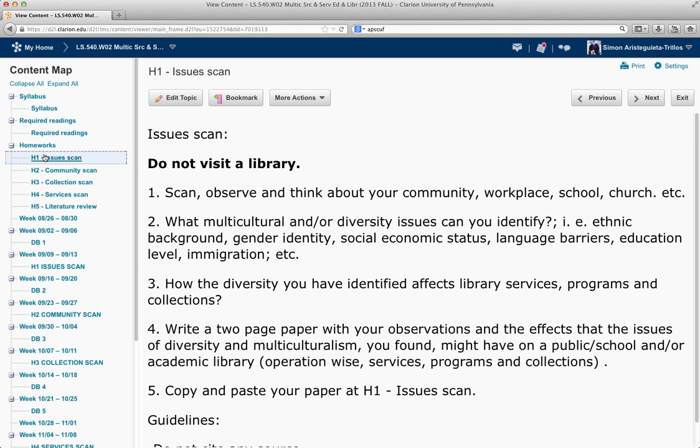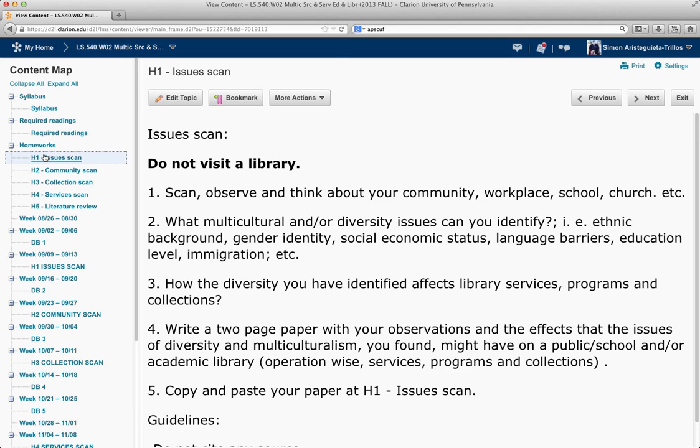So think about that. Number 3, how the diversity you have identified affects library services, programs, and collections. And again, I don't want you to visit the library or talk to a librarian. Think about how that diversity may or may not affect your library services and collections.